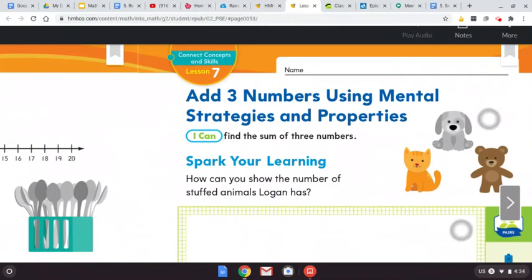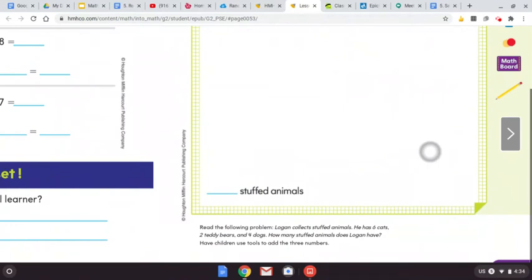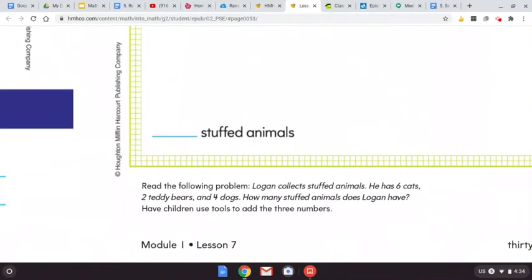How can you show the number of stuffed animals Logan has? All right, so let's look down here. Module 1.7. Logan collects stuffed animals. He has 6 cats, 2 teddy bears, and 4 dogs. How many stuffed animals does Logan have? First of all, we want to think about that like a story.